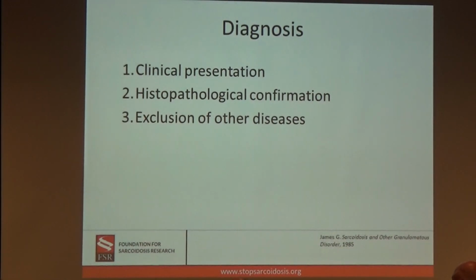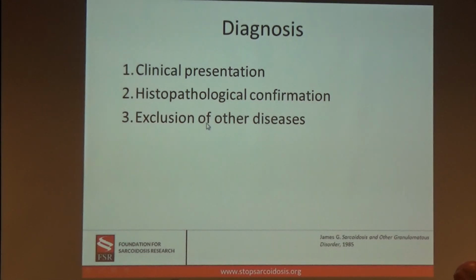Does it look right for sarcoidosis, or could it be infection or malignancy or something else? Then you want to have histopathologic confirmation. That's where the biopsy comes in. Do I have skin or lung or some lymph node that shows the right kind of granulomas? So that's the second part.